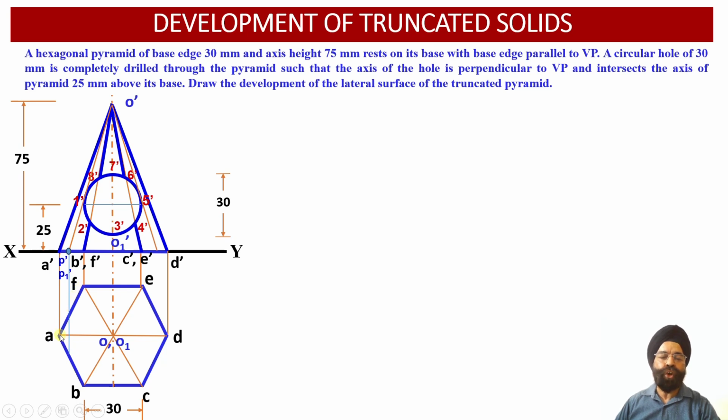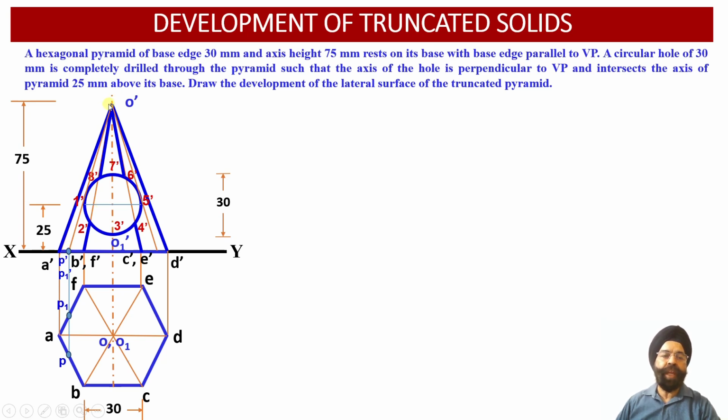So on the front side we will obtain point P, and on the rear side between the points F and A, the point P1 will be obtained. This way we have obtained 2 points of intersection on the generators O dash P dash and O dash P1 dash.